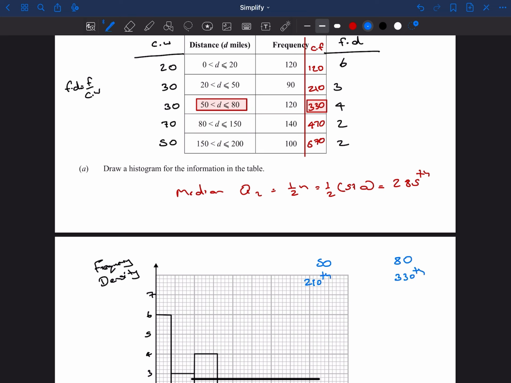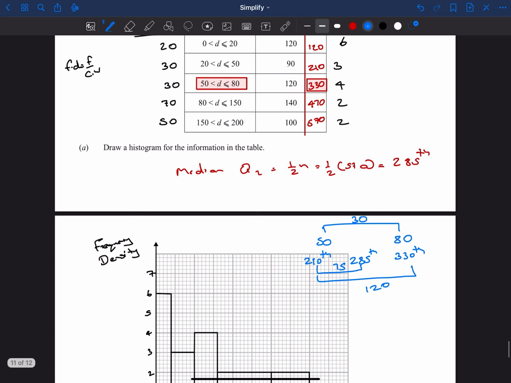But within this, you want your 285th value. So you do this gap and that gap. That has a gap of 75, that has a gap of 120, and the class has a gap of 30.